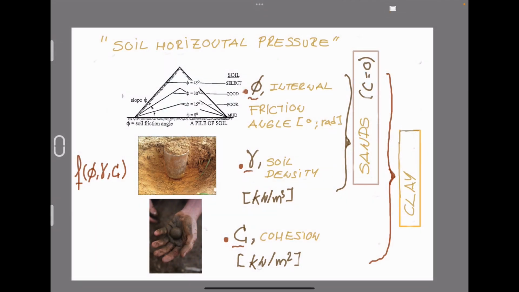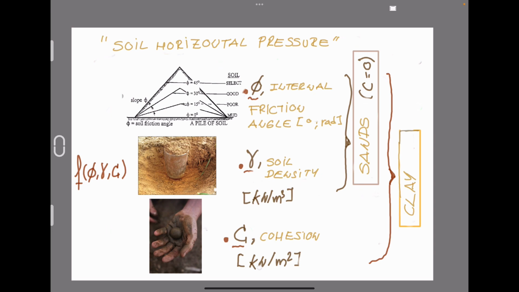Once we know that earth can generate some kind of lateral pressure against any of our retaining structures, it is necessary to identify which parameters generate those horizontal forces. For lateral pressures, we have mainly three parameters to be defined.